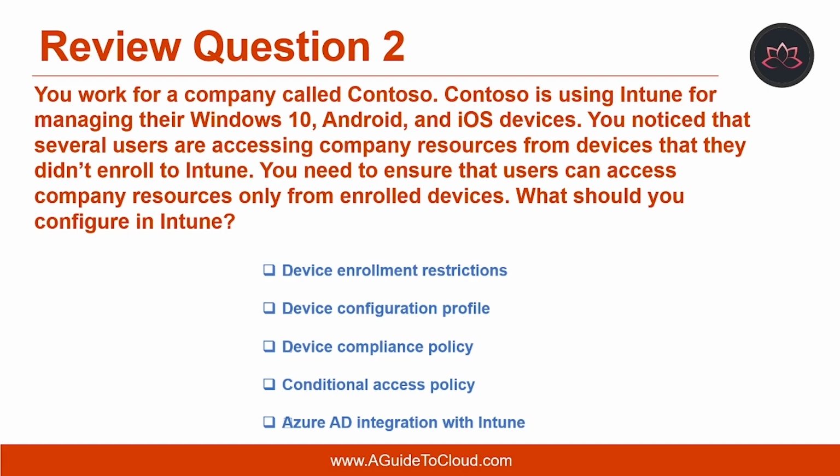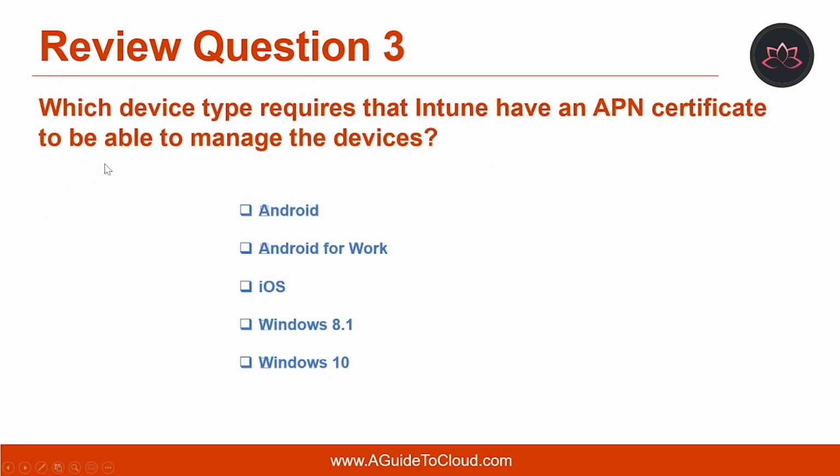You need to ensure that users can access company resources only from enrolled devices. What should you configure in Intune? The correct answer is Conditional Access Policy. Question number 3. Which device type requires that Intune have an APN certificate to be able to manage the devices? The correct answer is iOS.